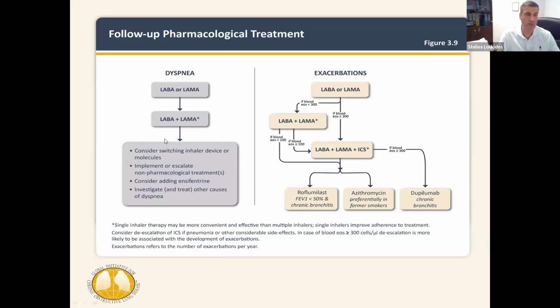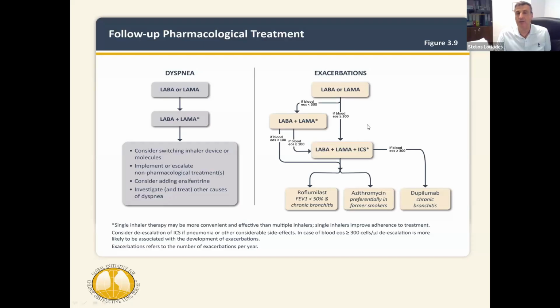For the first one, you consider switching inhaler device, but without mentioning that in the initial phase, you have to select the proper inhaler device, to implement or escalate the non-pharmacological treatment, to consider adding new bronchodilators, and the only one which is available is the ensifentrine, which is not available in Europe without authorization in Europe, and to investigate and treat other causes of dyspnea.